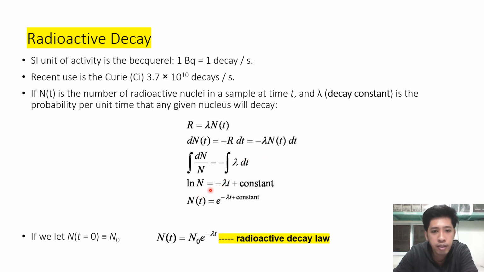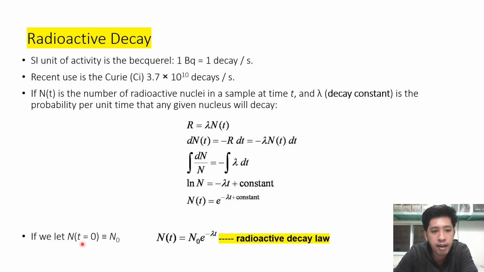And we remove this ln, your natural logarithm, by multiplying it with your e. So multiplying e on both sides, you have N of t is equal to e to the negative lambda t plus some constant.